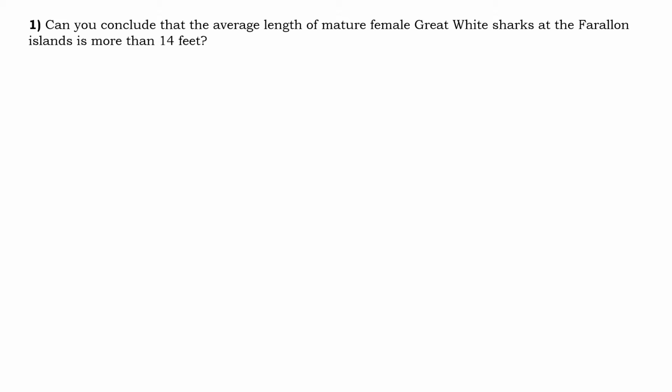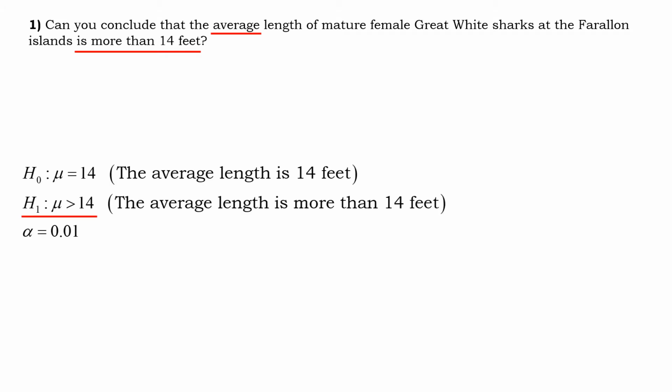In this case, we want to know if the average, the mean, mu, of all the female great whites around the island is more than 14 feet. So we want to write this statistically. Our alternative hypothesis is that mu, the mean, is greater than 14 feet. So the average length is more than 14 feet.